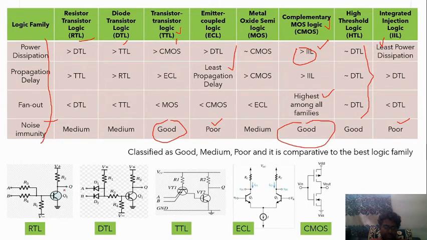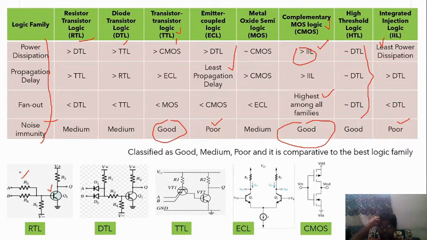Now, if you just come down, this is a glimpse of the digital logic families. RTL, resistor transistor logic, is a combination of a transistor and resistor inputs. You can see here, there can be a number of inputs connected here.